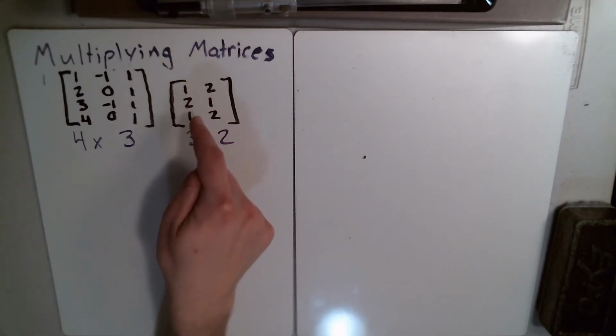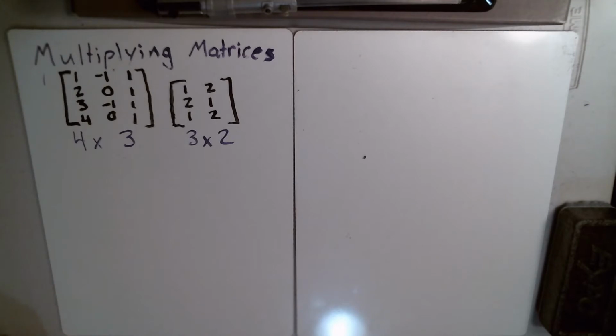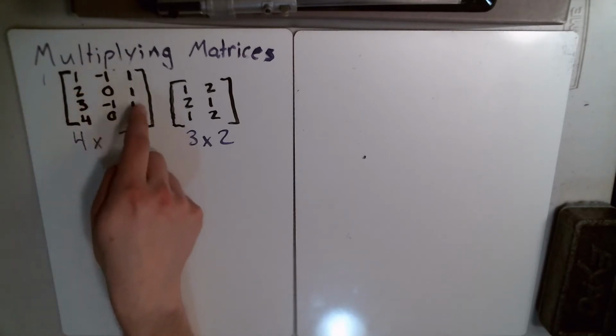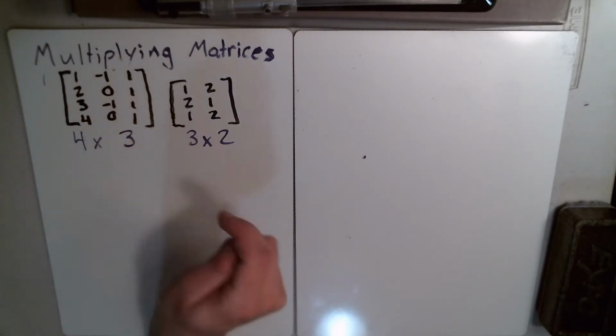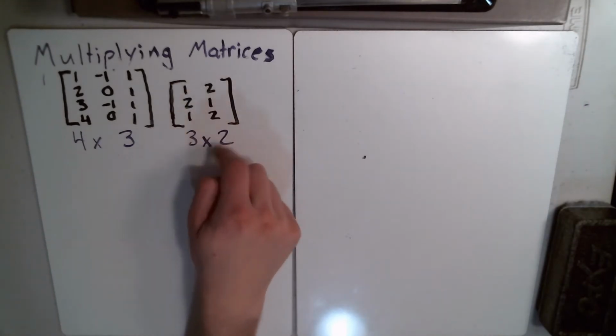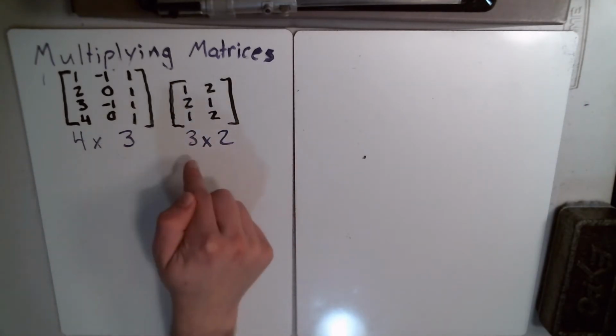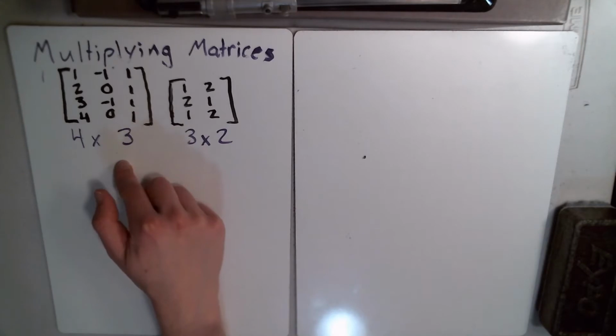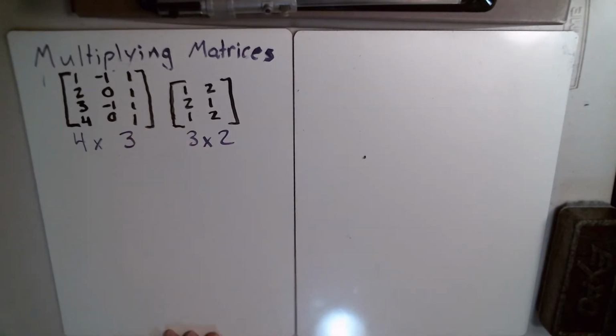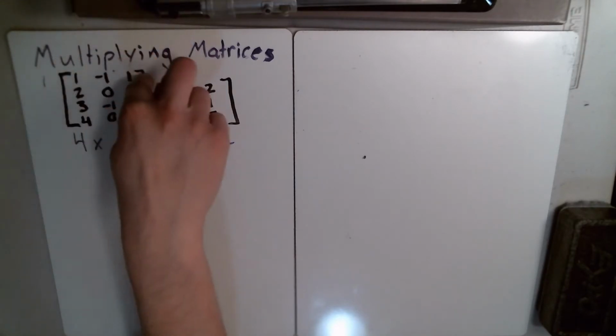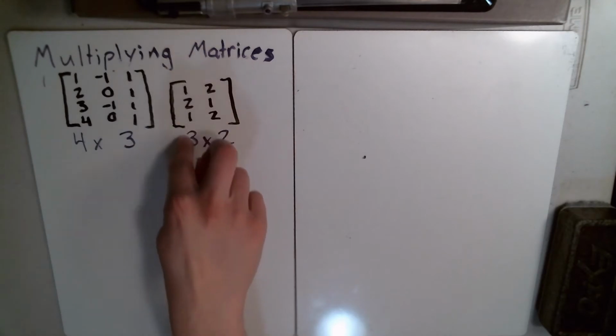You'll notice this one is a 4 by 3 matrix. This one is a 3 by 2 matrix. Since these two numbers are the same, these two matrices can actually multiply. In other words, I've got the same number of things along here as I do in a column here.